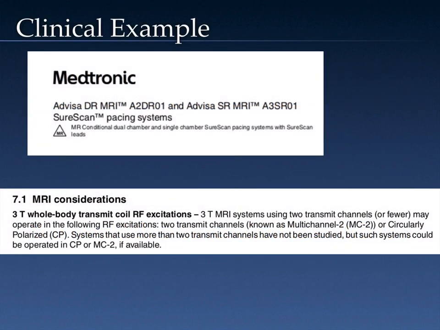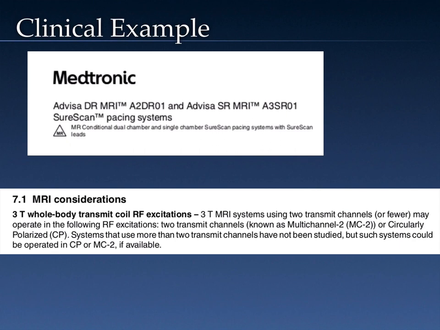Here's an example from the 3T conditions of use for a conditional pacemaker. Note that it states 3T whole body transmit RF coil excitations. It says 3T MRI systems using 2 transmit channels or fewer may operate in the following RF excitations: 2 transmit channels known as multi-channel 2 or circularly polarized system.